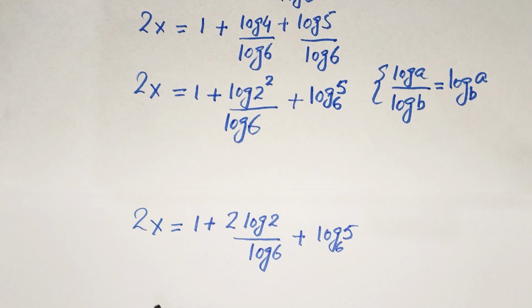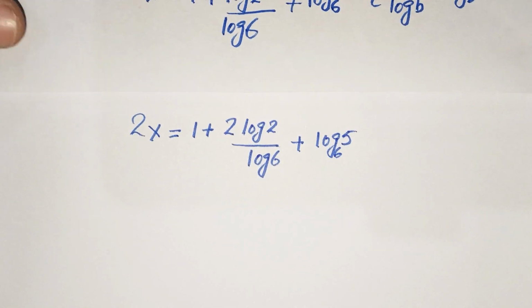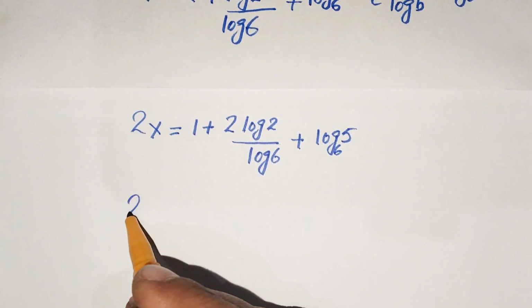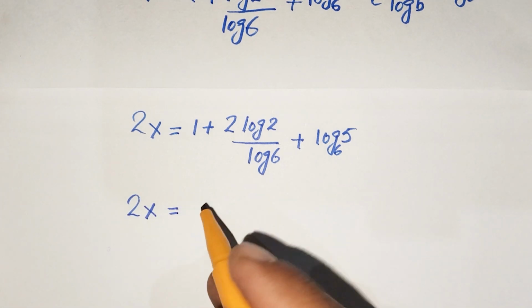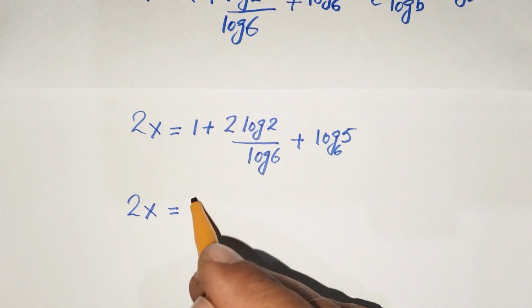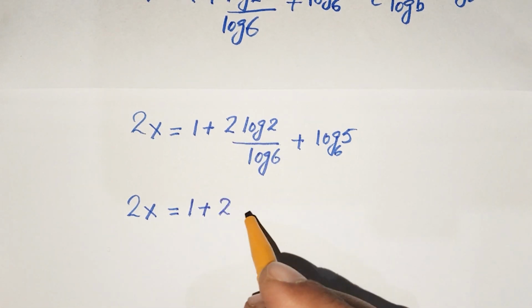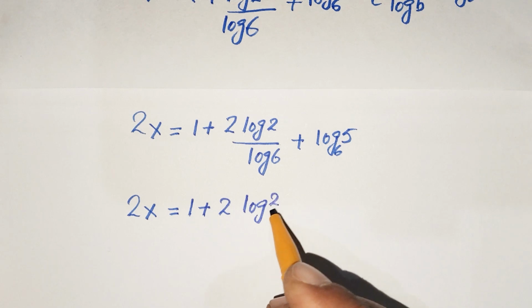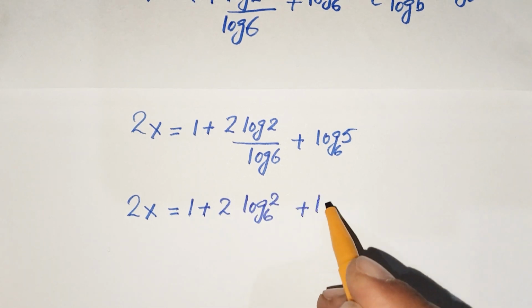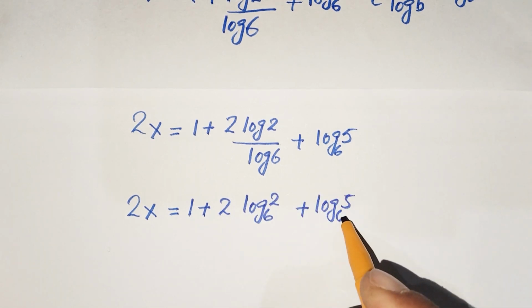So now we can write that 2x is equal to 1 plus 2 times log 2 with base 6, plus log 5 with base 6.